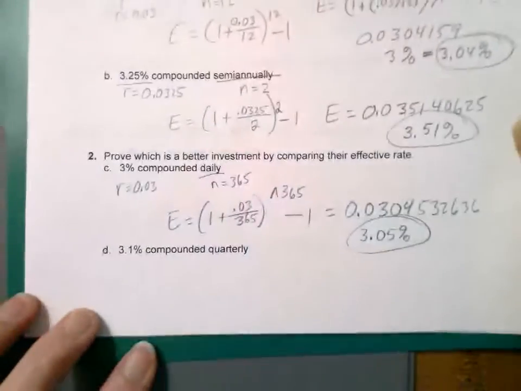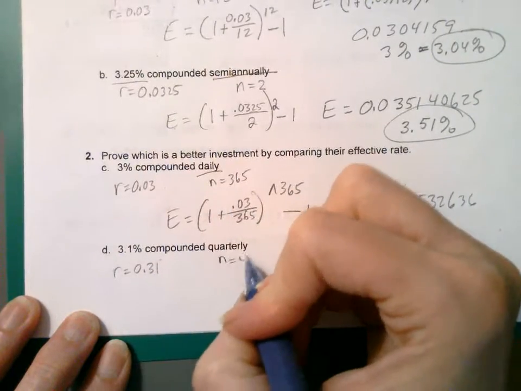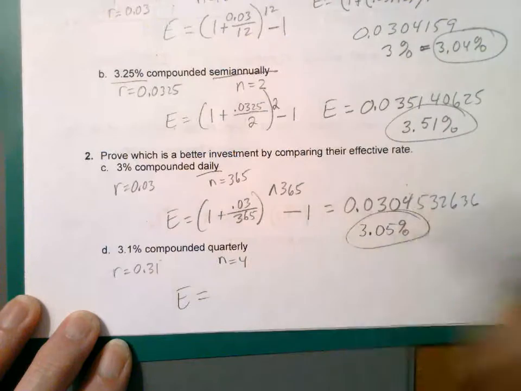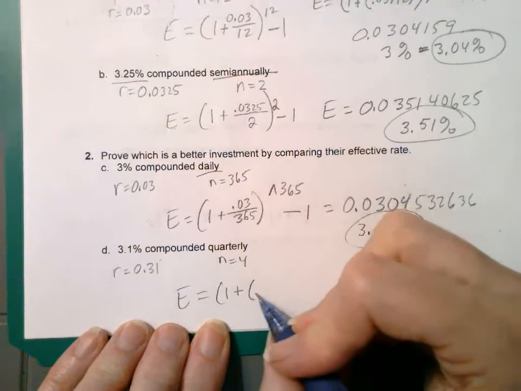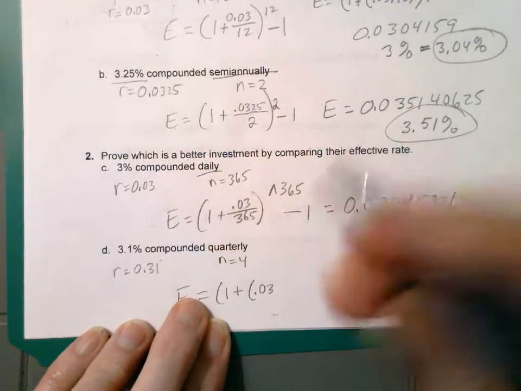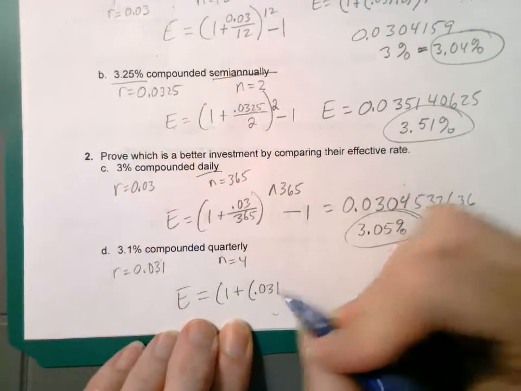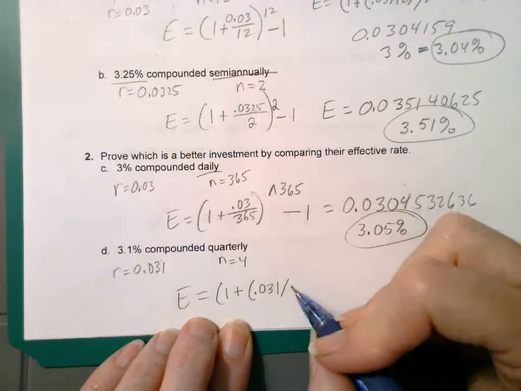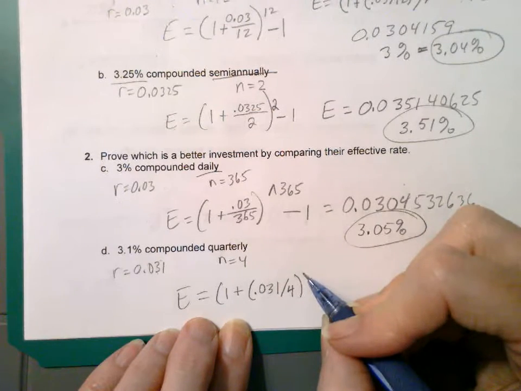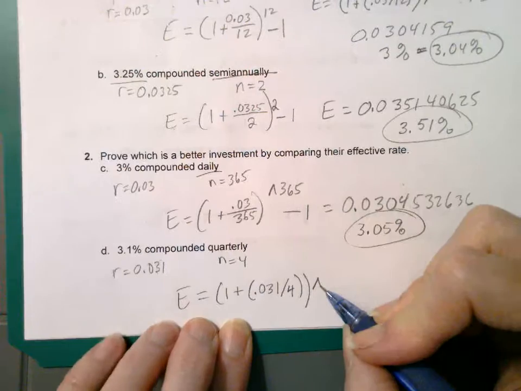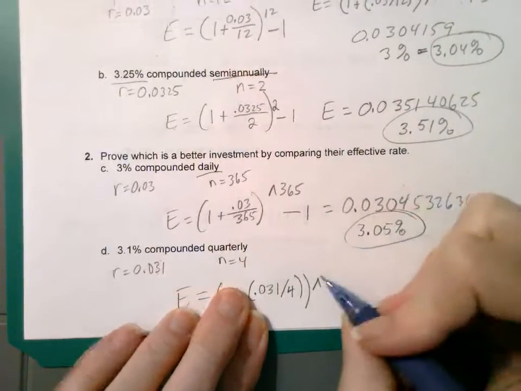And then the last one, 3.1% quarterly, n equals 4. E equals, if we're putting it in the calculator, 1 plus 0.031 divided by quarterly, 4, close parenthesis again, raised to the, well, we don't need parentheses, it's just one number, so let's just raise it to the 4.